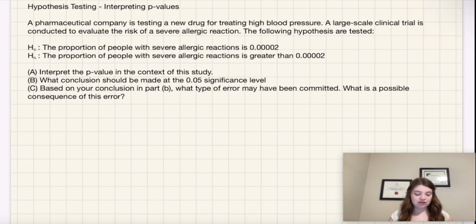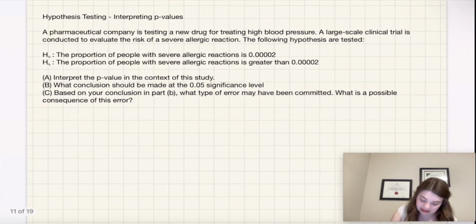Whereas if we have a p-value less than 0.05, we can reject the null hypothesis because there is significant evidence at that point that the proportion is greater than 0.0002. And so that's essentially what we can say here, right? If the p-value is less than 0.05, we can reject the null, so reject H0.